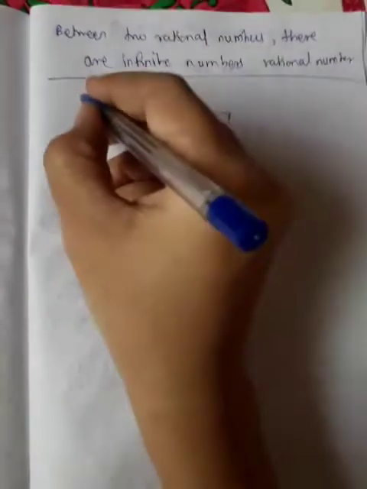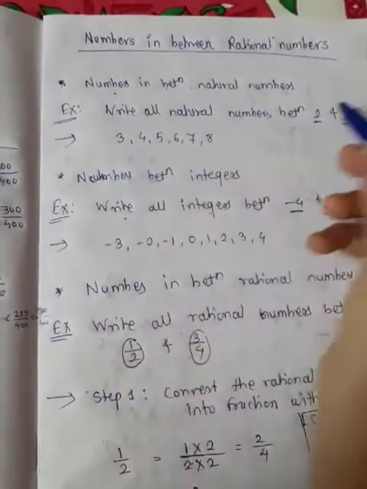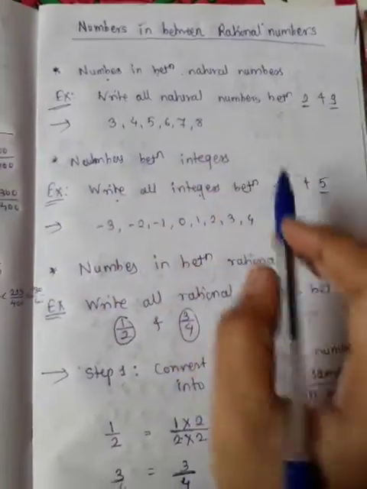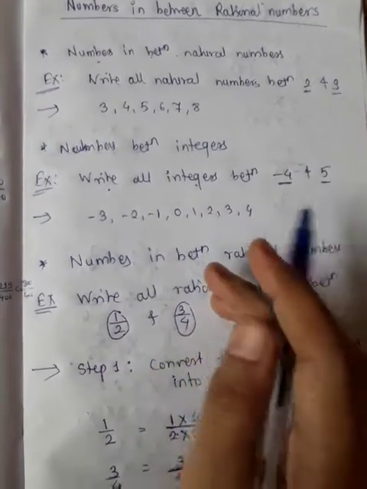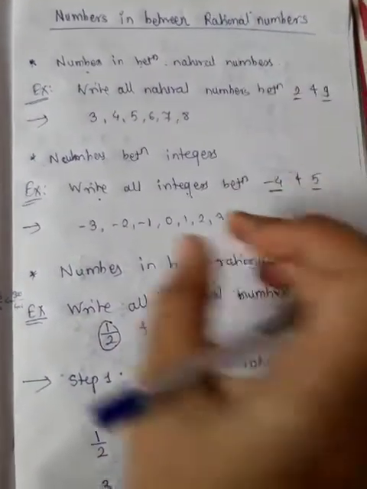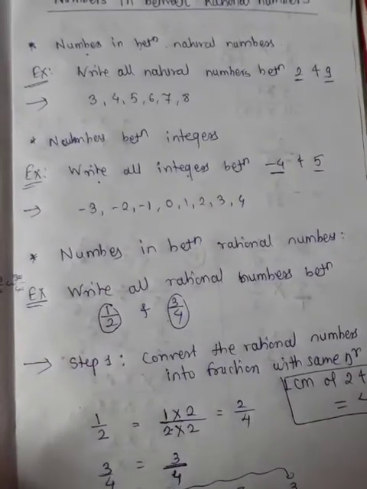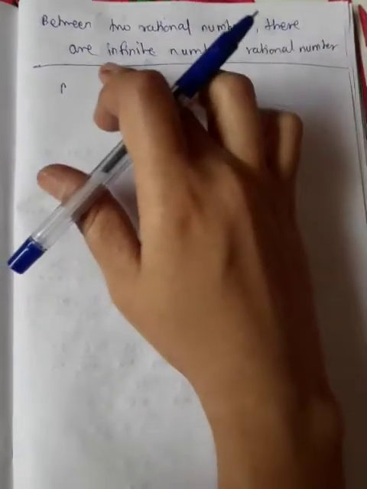And you observe that between two natural numbers there are a finite number of natural numbers. See here, between these two natural numbers there are 6 natural numbers. Between these two integers there are 8 integers. So between two natural numbers there are finitely many natural numbers, and between two integers there are finitely many integers. But in the case of rational numbers, between two rational numbers there are infinitely many rational numbers.